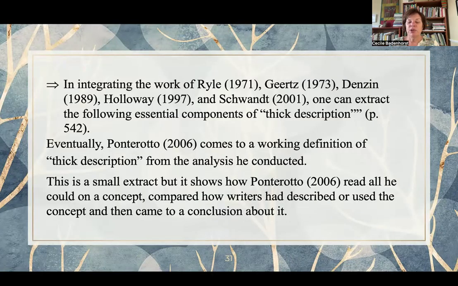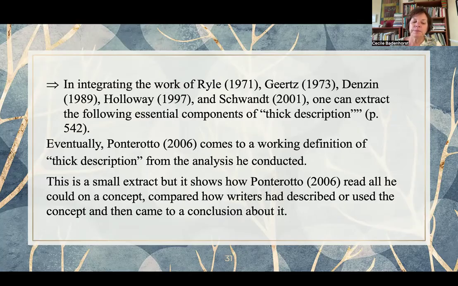So integrating the work of Ryle, Geertz, Denson, Holloway, and Schwandt, one can extract the following essential components of thick description. And then Pontoretto came up with the essential components of thick description. Essentially, Pontoretto comes to a working definition of thick description from the analysis. So what I really wanted to show you, I'm not suggesting that you need to do this unless you're doing a conceptual paper.